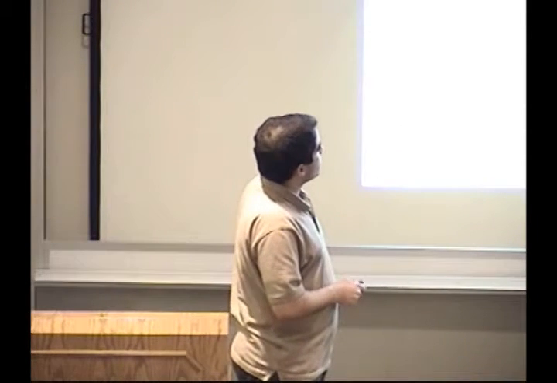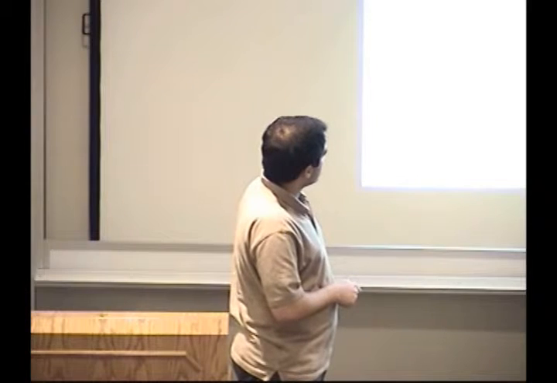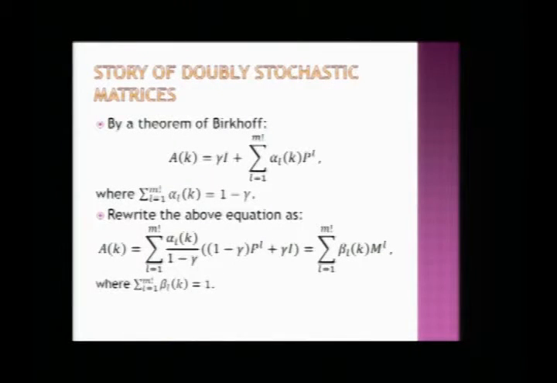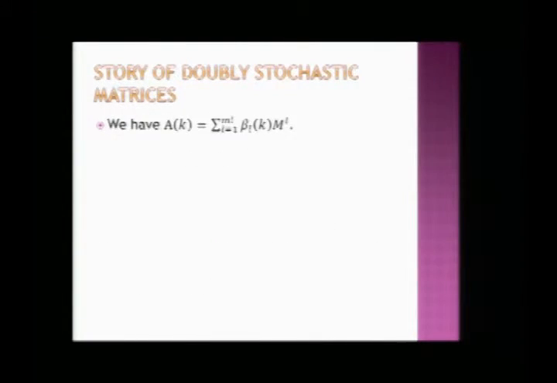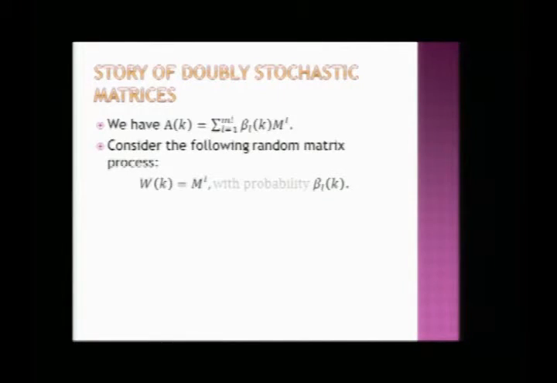Let me rewrite this identity in this form, which means that A_k is equal to some convex combination of some matrices M_l, and M_l is this: gamma times identity plus 1 minus gamma times the l-th permutation. Now that we have this convex combination, let me do a non-standard thing.